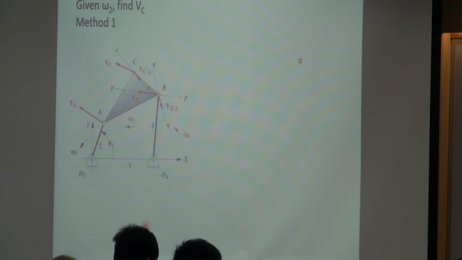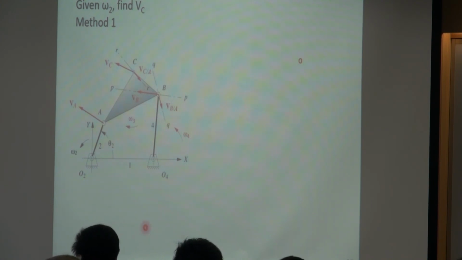As we mentioned, we will draw the velocity in scale. Currently the bar is at this angle, and we know there's a certain omega 2. By knowing this omega 2, is there any information we can find here? Is there any absolute velocity of a certain point we know already?